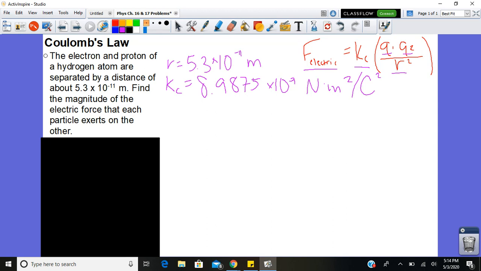And then for our charges, if you look at page 560 in your book, we know what the charge of a proton and what the charge of a neutron are.